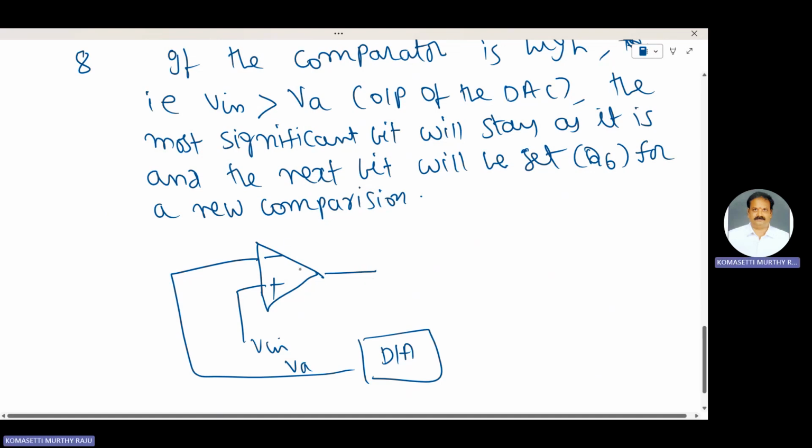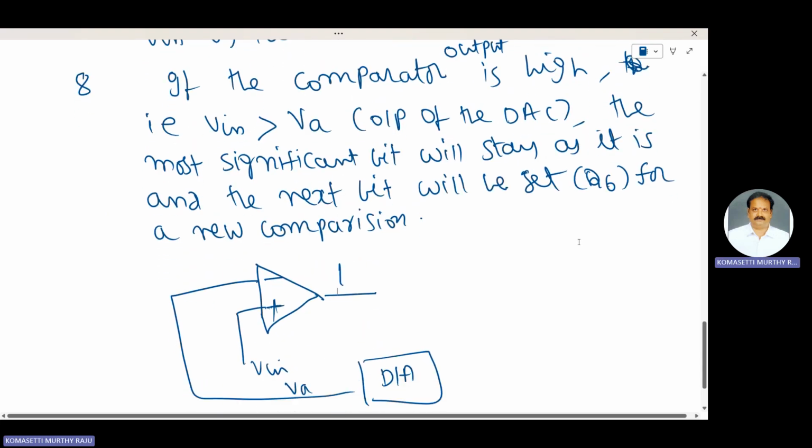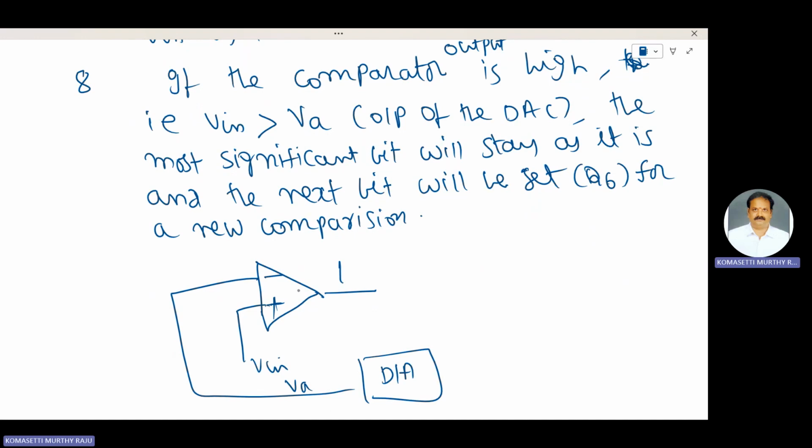If Vin is greater than VA, it means Vin is more positive than VA, so the comparator output is high. Then the most significant bit will stay as it is.